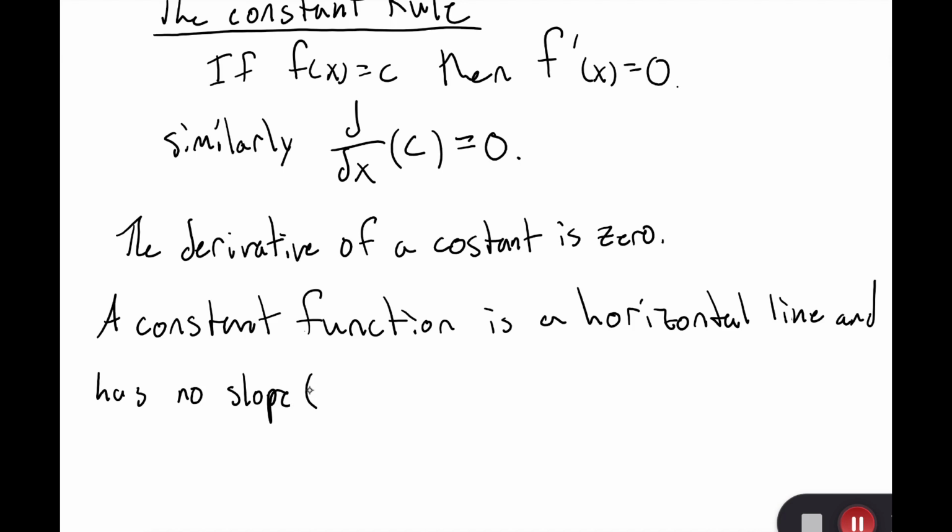Has no slope or slope of 0. And so it makes sense that the derivative of that would be 0 as well. There's no change happening. Whether it's instant or over a long period of time, there's no change going on.